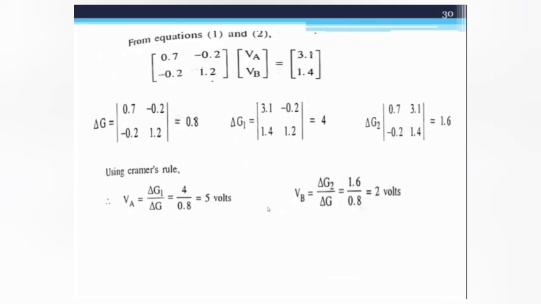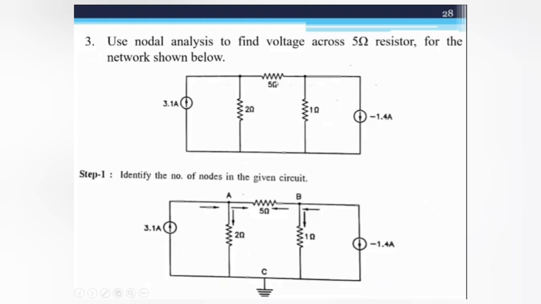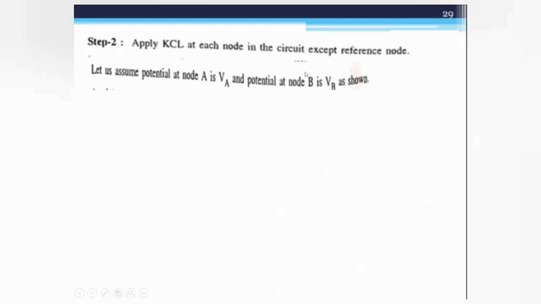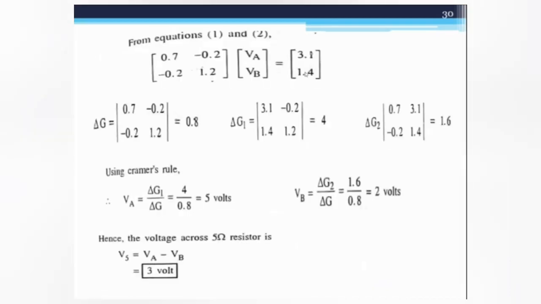Now in your example, you have to find the voltage across the 5 ohm resistor. It is the voltage difference between VA and VB. So the voltage across the 5 ohm resistor is VA minus VB, which is 5 minus 2, equal to 3 volts.